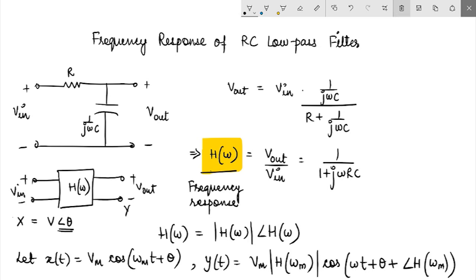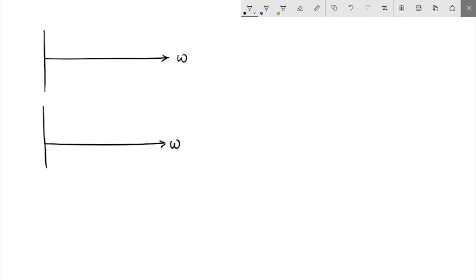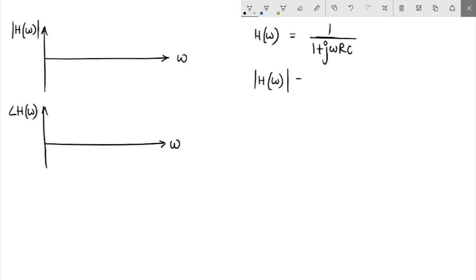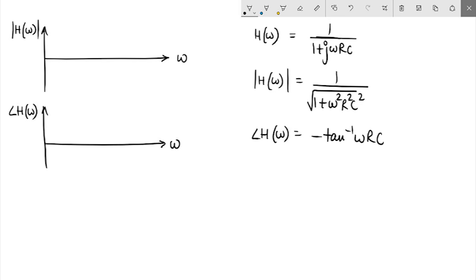Now, if I plot H of omega with respect to frequency, I find that H of omega for that particular combination was 1 upon 1 plus j omega RC. That means mod of H omega is 1 upon square root of 1 plus omega square R square C square, and angle H omega is minus tan inverse omega RC.